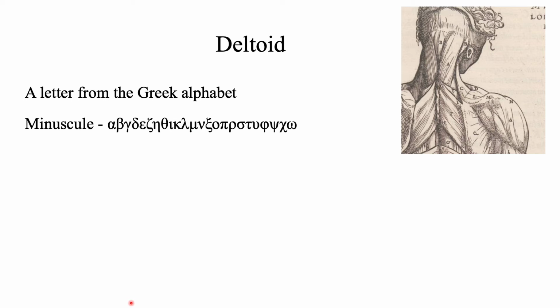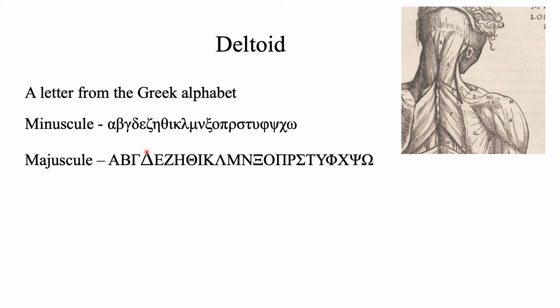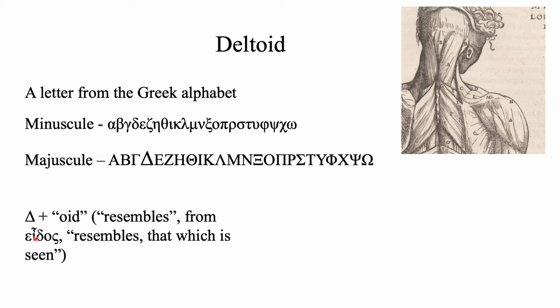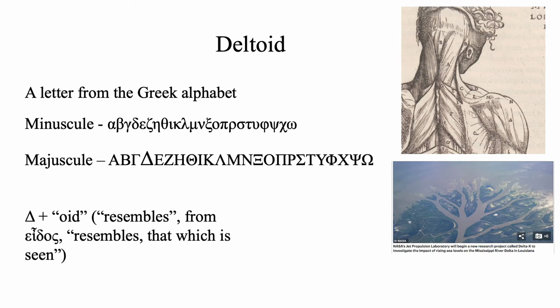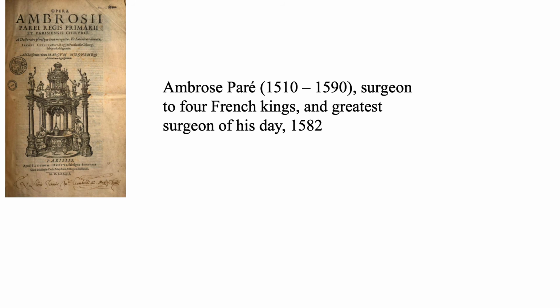The uppercase, however, is the actual appearance of the deltoid muscle, and where it got its name as deltoid. Now, oid comes from the word eidos in Greek, which comes from the word to see, which gives us the eidetic memory, which is a visual memory. And the Mississippi Delta, as you can see, is deltoid shaped.